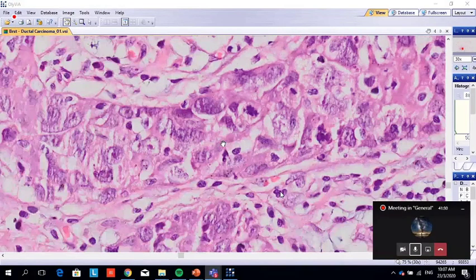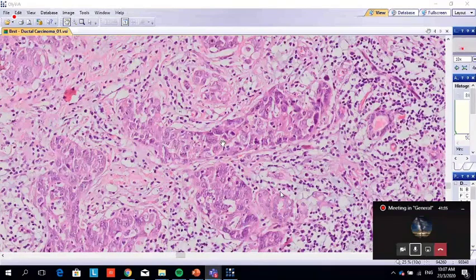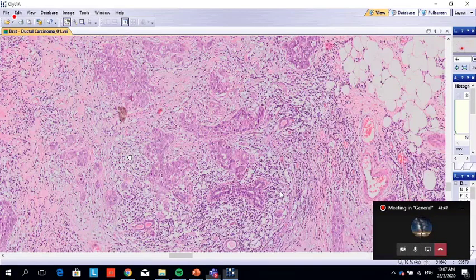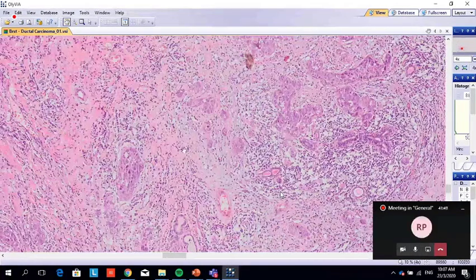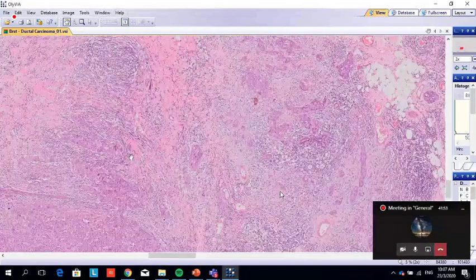Okay, so how do we grade this? Remember the grading? On Friday, how to grade the ductal carcinoma? I will move on, and tell me how to grade.